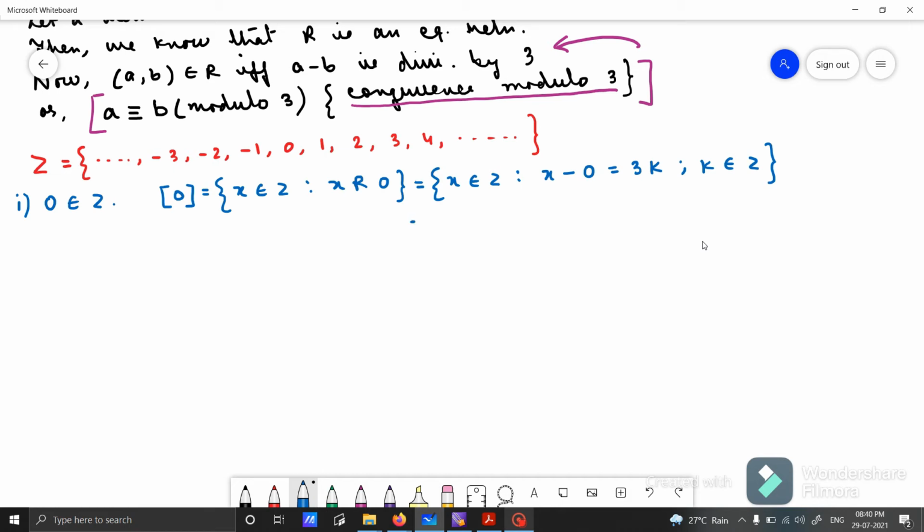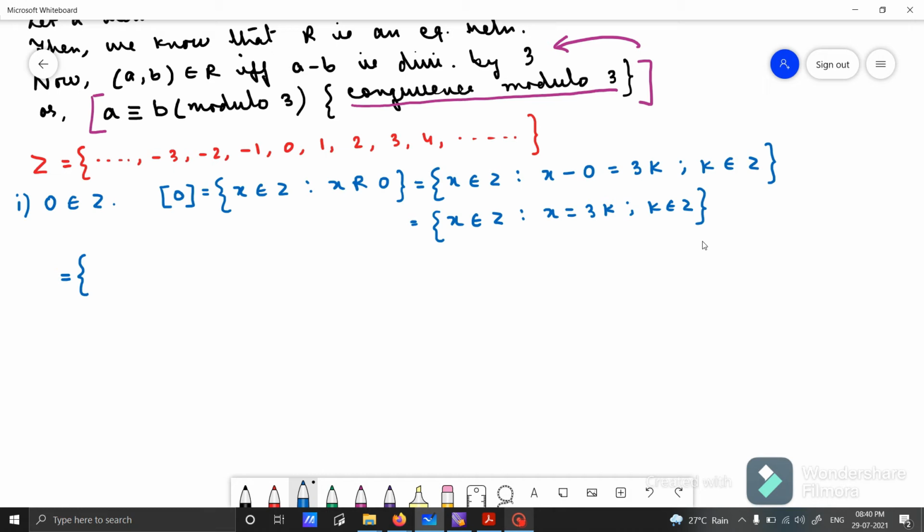That means ultimately after simplification this becomes all those elements in Z such that x equals 3k, where k is an integer. So you can see, with the set builder form we have written the equivalence class. Now let us try to write it down in the roster form. That means actually list all those integers which belong to this equivalence class.